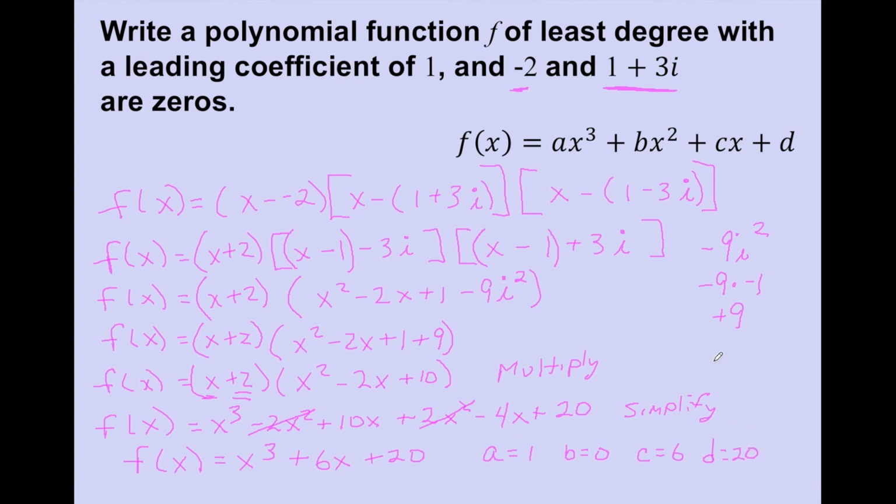Okay, check your work. Here's what you should come up with. The x squared term cancels out. Hopefully you're following along. One more problem to do.